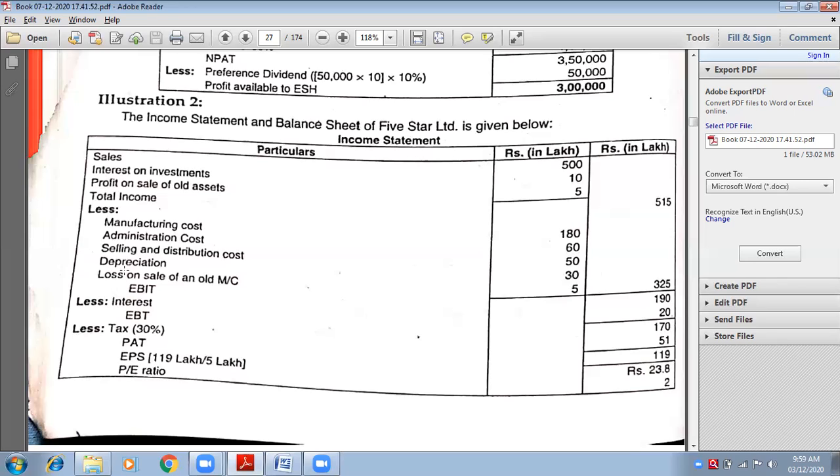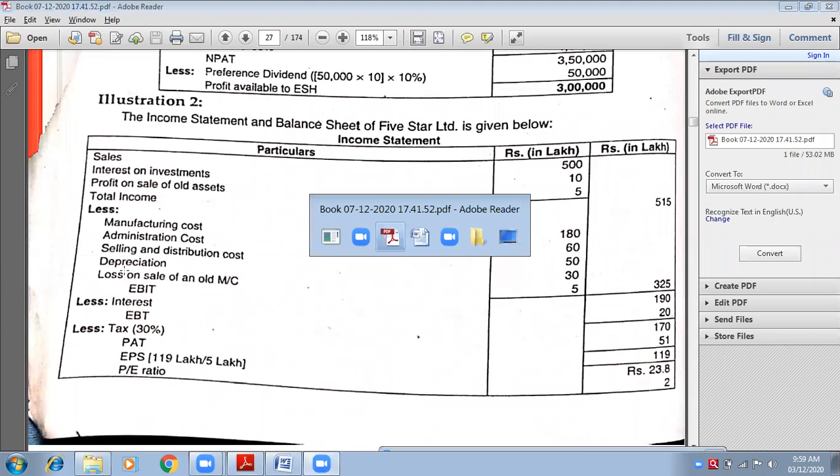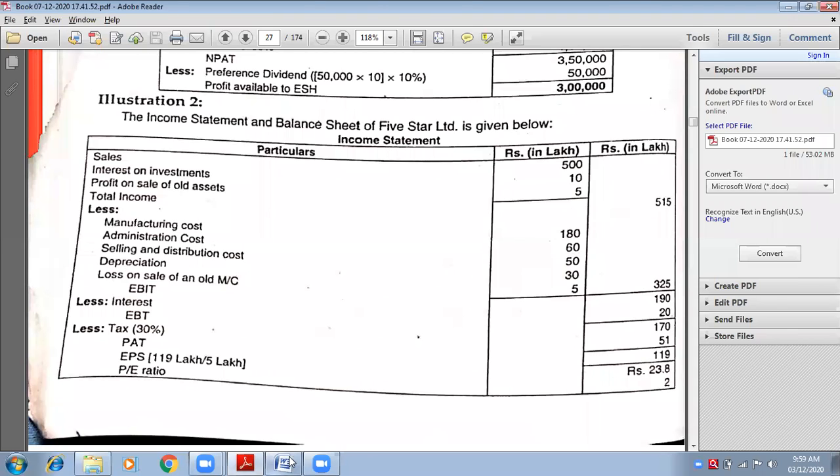If it is added, we will deduct it. And if it is deducted, we will add it. Is it clear? So now we will start with EBIT.